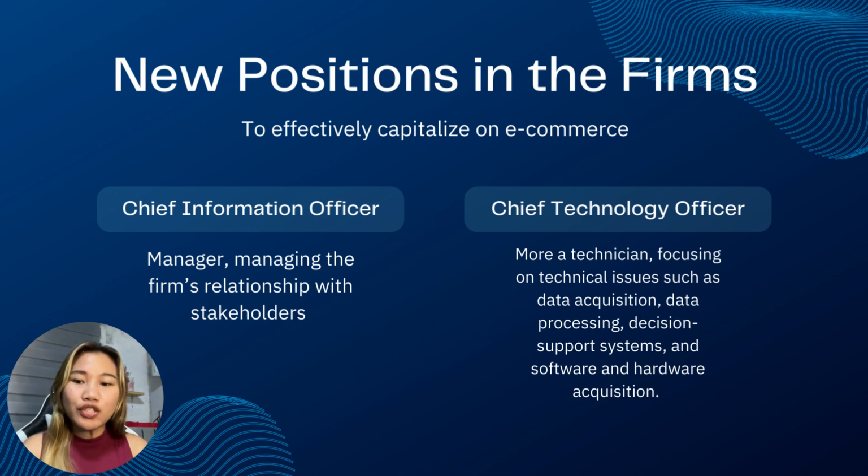These individuals are responsible for developing, maintaining, and updating a company's information database. The CIO is more a manager who manages the firm's relationship with stakeholders, and the CTO is more a technician who focuses on technical issues such as data acquisition, data processing, decision support systems, and software and hardware acquisition.